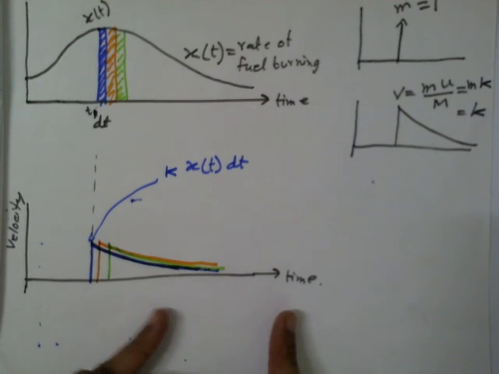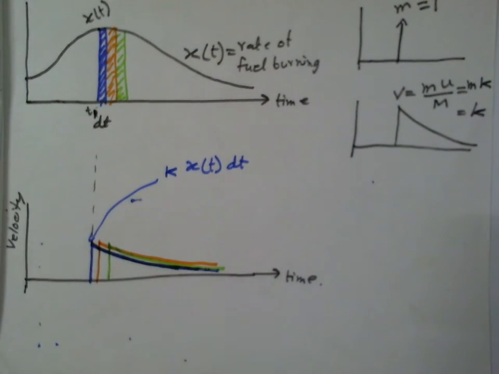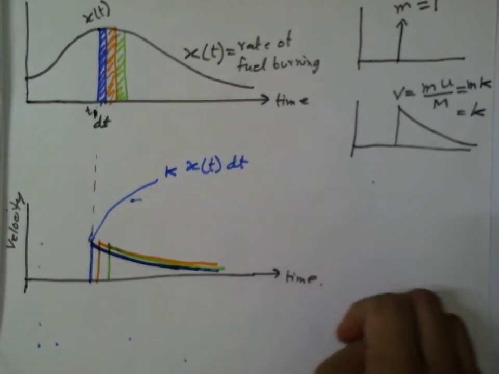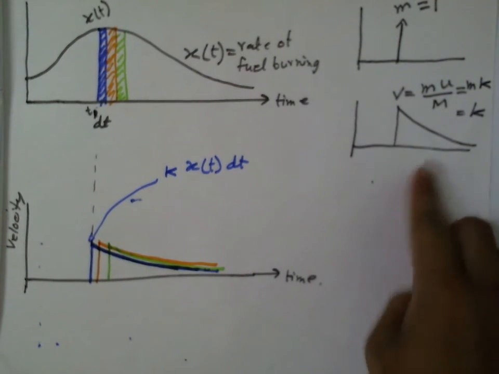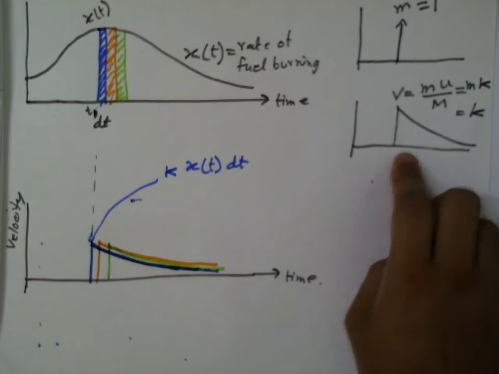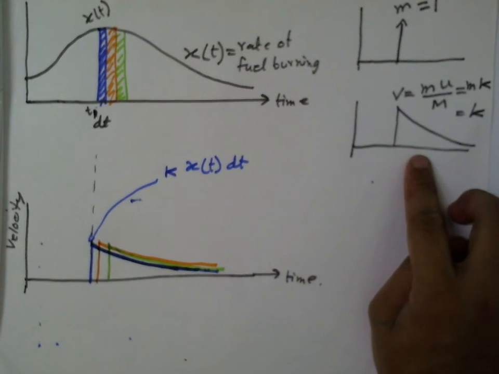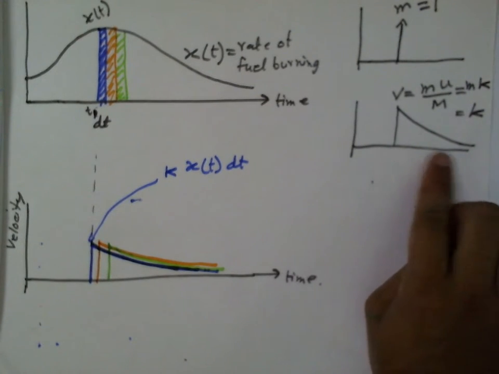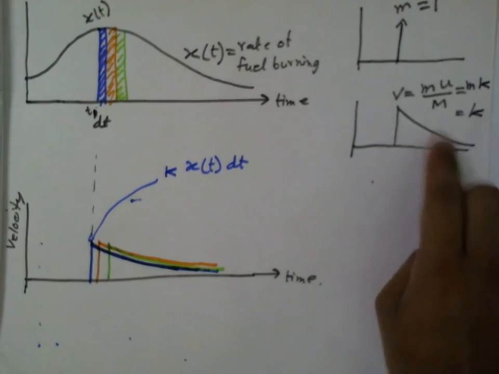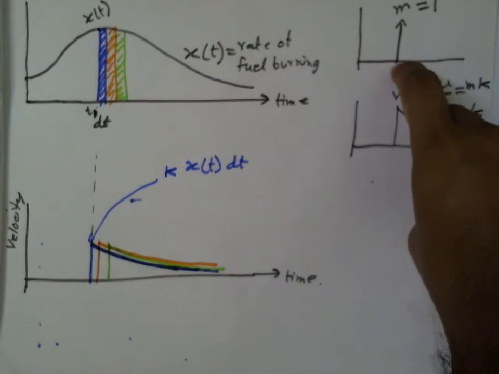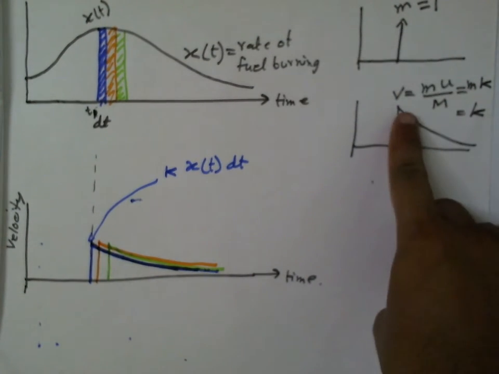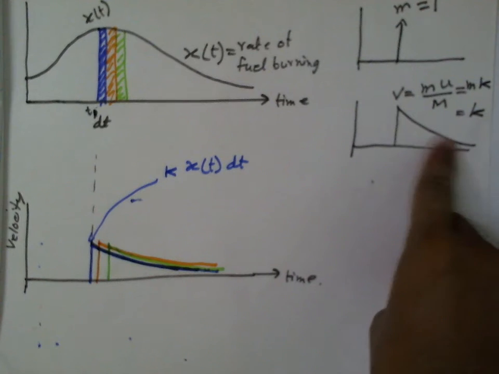Now let's do it algebraically, mathematically. Once again, let's look at this impulse response function. This is how the velocity varies as a function of time when a unit amount of gas is burned. What is the expression for this curve?